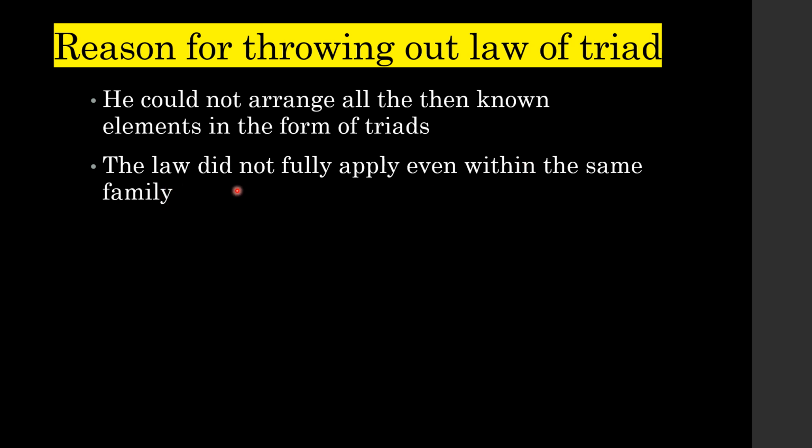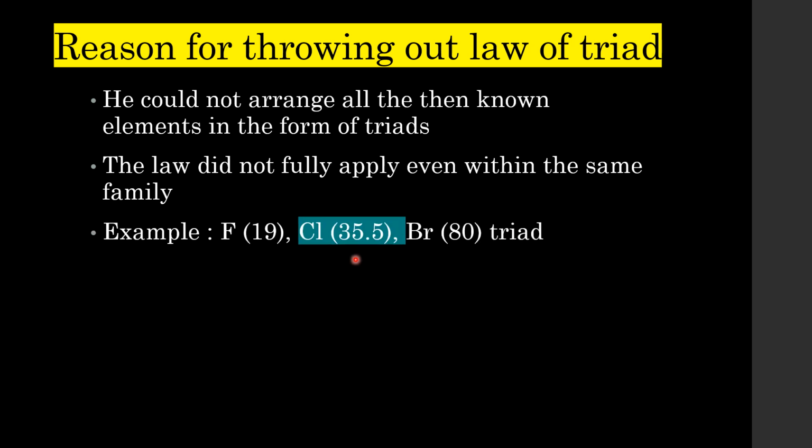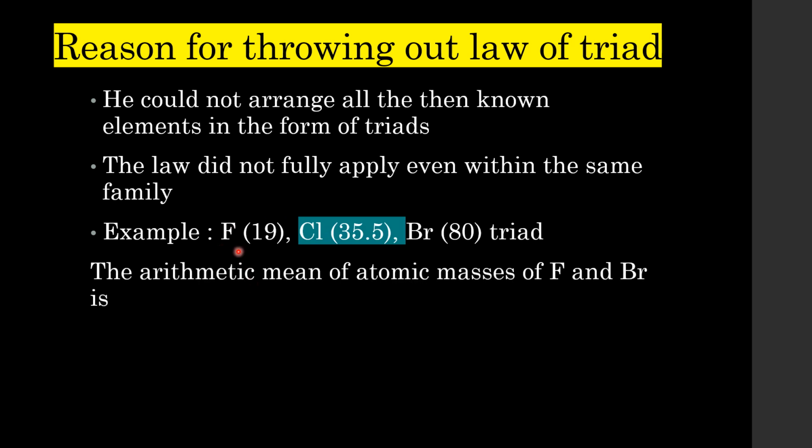And also, the law did not fully apply even within the same family. Which law? The average atomic mass law. Okay, say for example, you take the halogen family, fluorine, chlorine, bromine. Chlorine, bromine, iodine he did. If you take fluorine, chlorine, bromine, you should get the atomic mass of 35.5 for chlorine when you take the arithmetic mean of fluorine and bromine atomic masses.